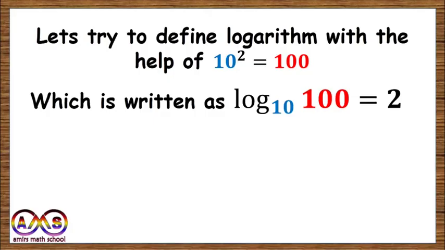When we write this equation 10 squared equal to 100 in logarithm form, this 10 is the base of logarithm, this 100 is that positive number, and this 2 is the value of logarithm. So we can say log base 10 of 100 gives the value 2.